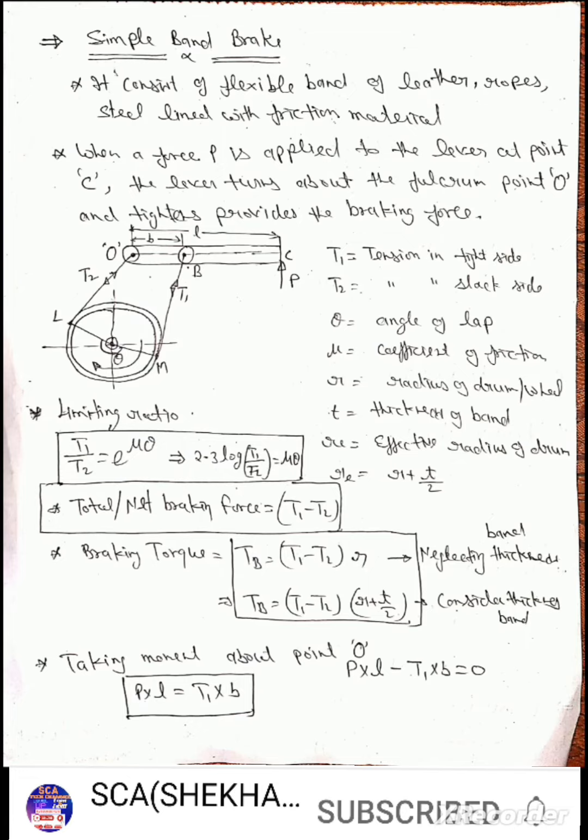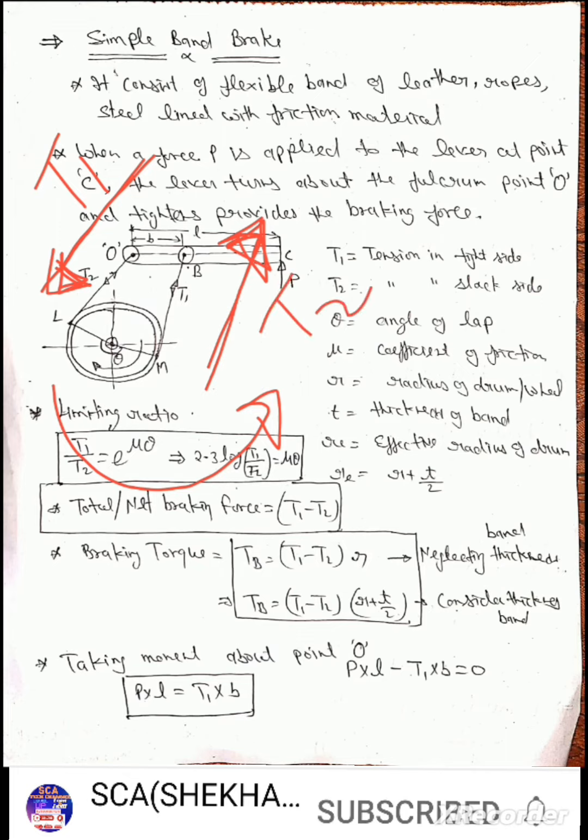When the wheel rotates in the anti-clockwise direction, in this case the band enters from this side and leaves from this side. So the side where the band enters is known as the tight side with tension T1, and the side where the band leaves is known as the slack side with tension T2.